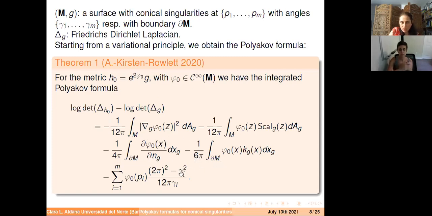But in addition, for each conical singularity, we have one term. So here we have the sum over the contributions of each conical point. This is the conformal factor evaluated at the point times these contributions of the angles.